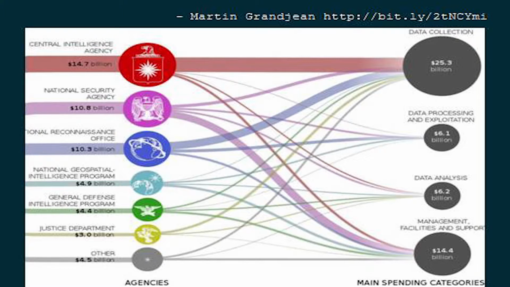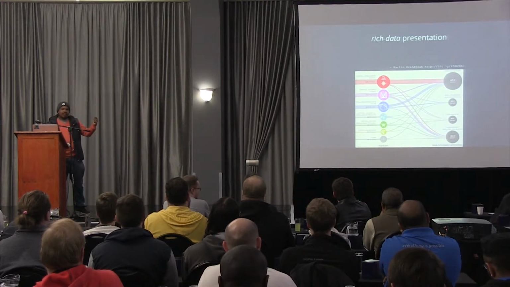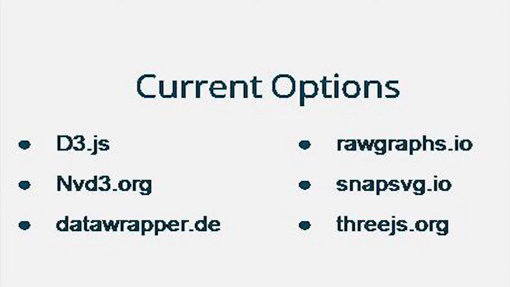This one shows American spending across different categories, and then the different departments, and then how that relates to the type of spending. It's unimportant what the actual thing is, but see that there are complex relationships that we can actually see in a very clear and meaningful manner.